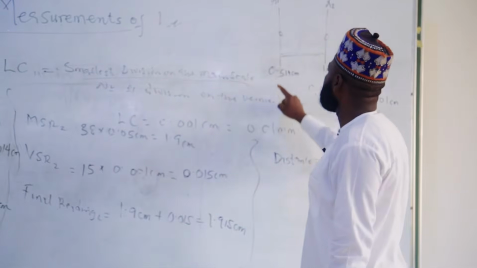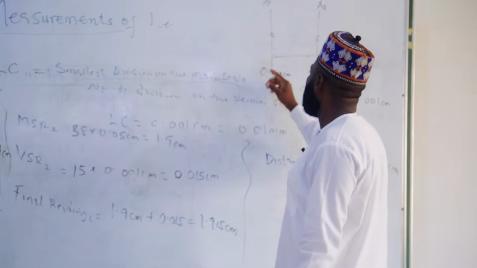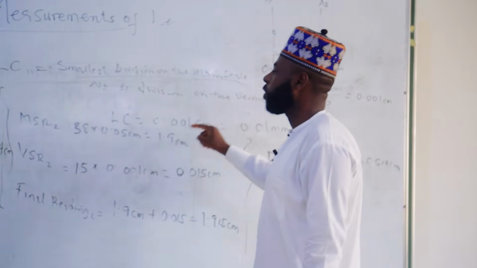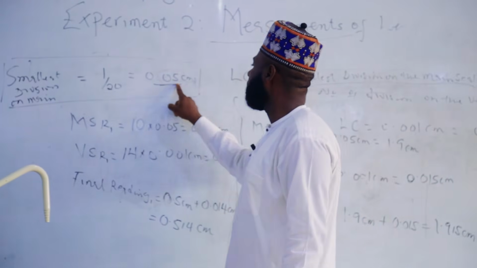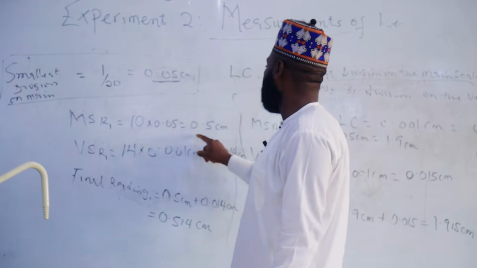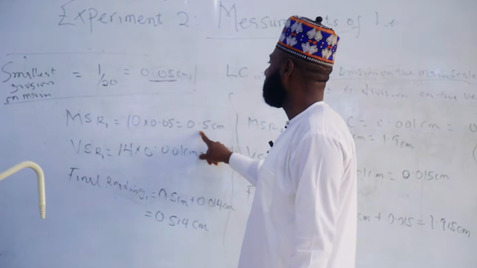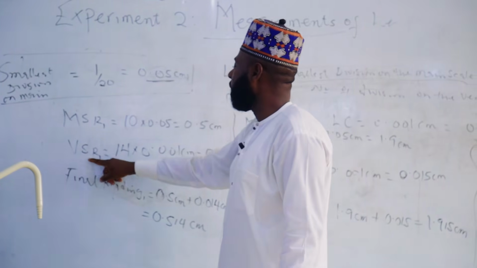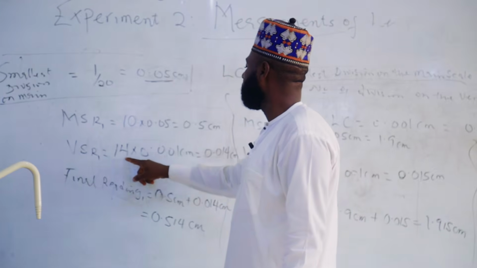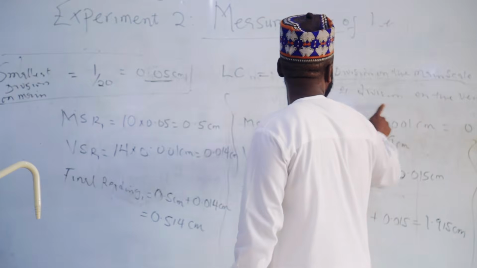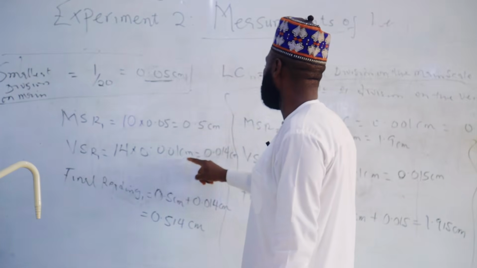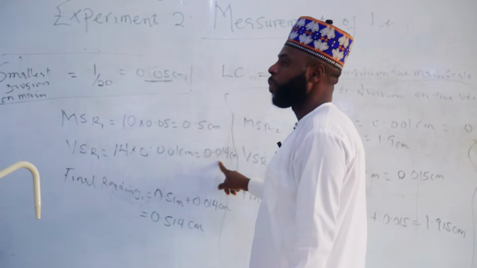Then on the vernier scale, we look at the first line and we take our measurements. Our measurement on the main scale was on the 10th division, and since one division is 0.05, that gives us 0.5 centimeter. Then our vernier scale reading is 14 divisions times the least count, which is 0.001 centimeter, to give us 0.014.